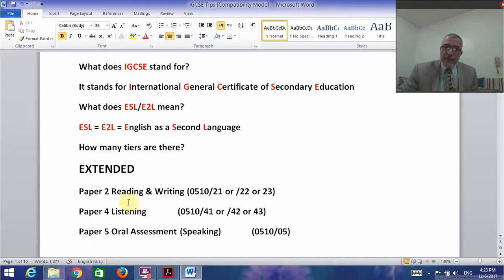Then you have the oral assessment, which is paper 5, or sometimes known as speaking, and the code is 0510/05. This could be this code or 0511, and that means that will be counted for your final grade. If it is 05, it means it's not counted in your final grade.